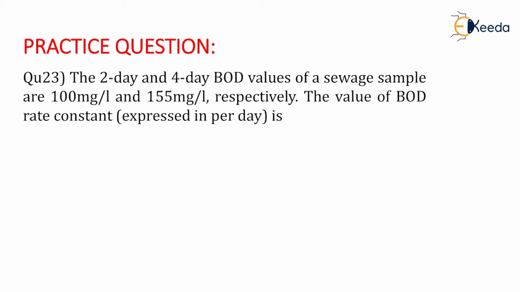The 2-day and 4-day BOD values of a sewage sample are 100 milligram per liter and 155 milligram per liter. Now we need to determine the value of the BOD rate constant. What is given in the question? We have the value of Y2, which is equal to 100 milligram per liter, and the value of Y4, which is 155 milligram per liter.